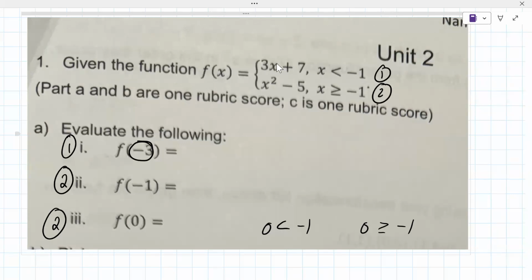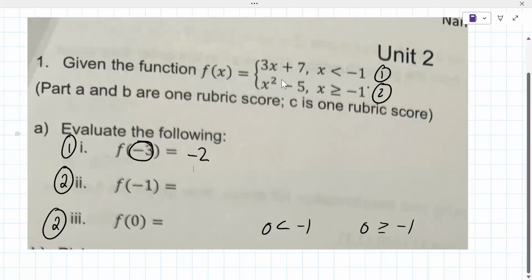Okay, that's going to be -2. It is -2, yep. All right, now put -1 into the second piece.